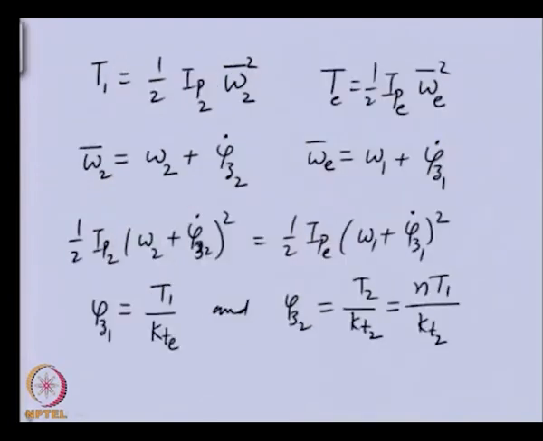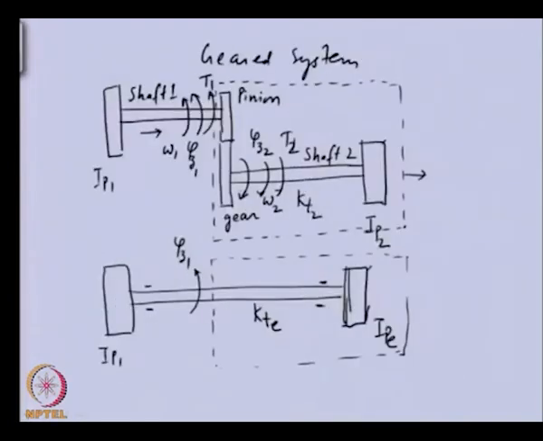Once we have done this, we know this and this, and this particular shaft has stiffness K T 1. These two shaft segments are connected in series, so we can find the total stiffness.